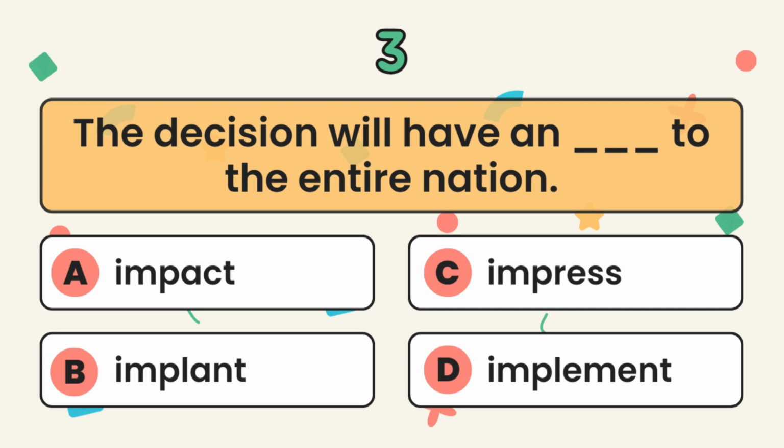Merong outcome yung decision na sinasabi. Kasi pag sinabi nating outcome, yun yung impact ng decision na ginawa, ng decision na gagawin sa isang nation. So the impact is the correct answer for the sentence number 3.